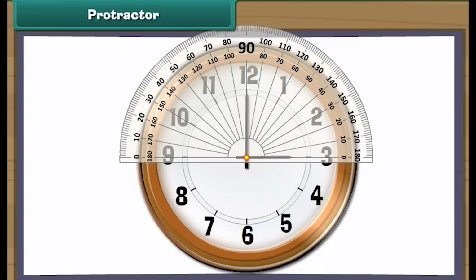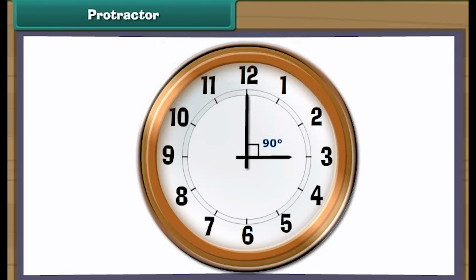Read the inner marking of the protractor on which the long hand rests. It is 90 degrees. Therefore, 3 o'clock makes a right angle. This clock shows 20 past 6. The long hand of the clock is on 4 and the short hand is on 6.